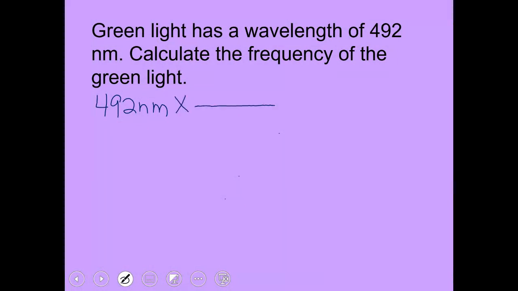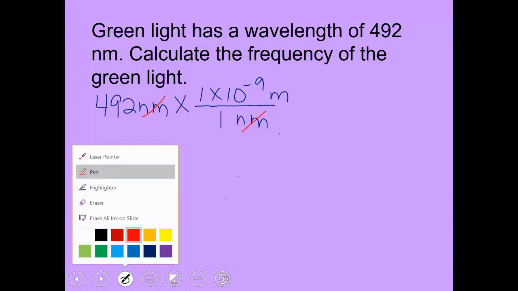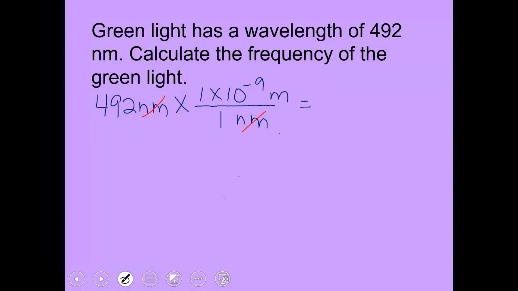Now you remember factor label from Unit 1. If you cannot remember, go back to Unit 1 and the metric notes. 1 nanometer is the same as 1 times 10 to the negative 9th meters. Now, why did I set it up like that? So that my nanometers would divide out, because nanometers divided by nanometers will divide out. And then my answer will be in meters.